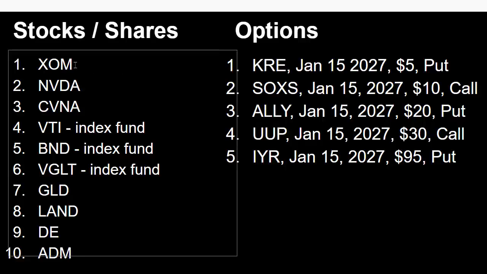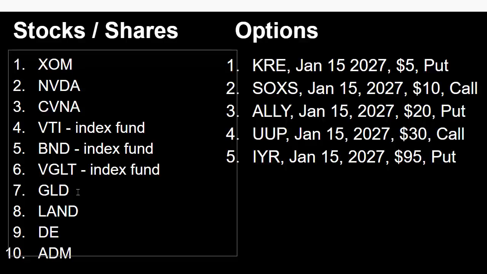So buying shares in ExxonMobil, NVIDIA, Carvana, 3 index funds: VTI, which is all U.S. stocks put together in one fund, BND, all U.S. bonds put together in one fund, and VGLT, LT for long term, and that's bonds in U.S. treasuries that are like 30-year bonds, like the really old, long bonds.